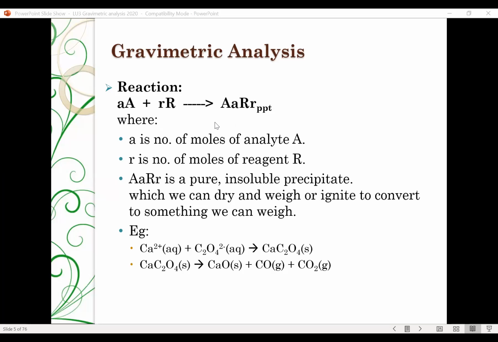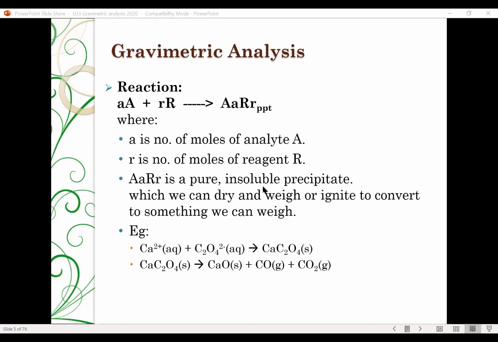Small a is the number of moles of analyte A. Small r is the number of moles of reagent R. AR is a pure insoluble precipitate. So the characteristic of the precipitate is that it must be pure and insoluble, meaning that you cannot dissolve it.